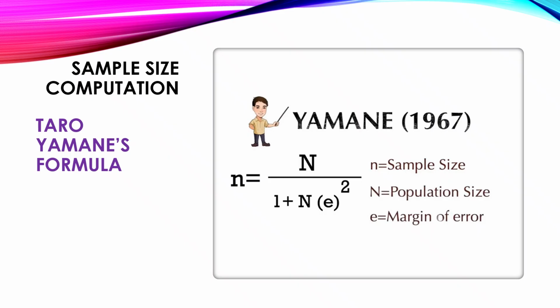So just input the population size and your margin of error, commonly 0.05 or 5%, and then you will directly get the value using that formula, unlike Cochran's formula where we have some other variables. That's why we have this, which still comes from Cochran's formula, just simplified.